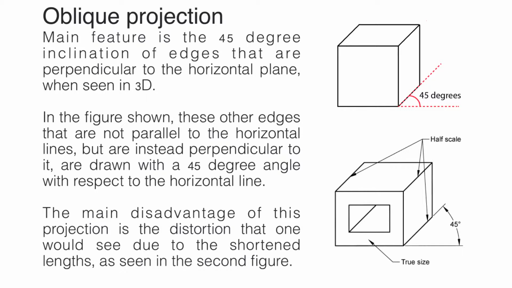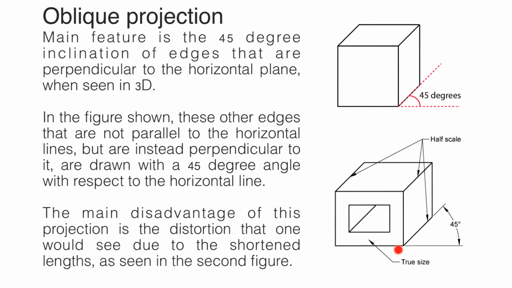What we can see here is that the two sets of lines still maintain perpendicularity as well as parallelism to the horizontal axis, whereas the third axis maintains a 45-degree angle.